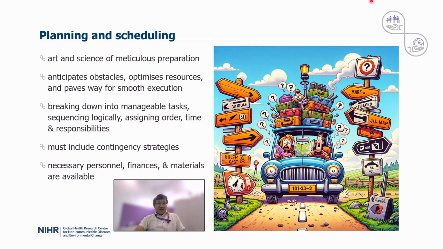Imagine starting a cross country road trip without a map, a timeline, or an estimate of the fuel needed. Chaos and uncertainty would likely prevail, like shown in this picture here.